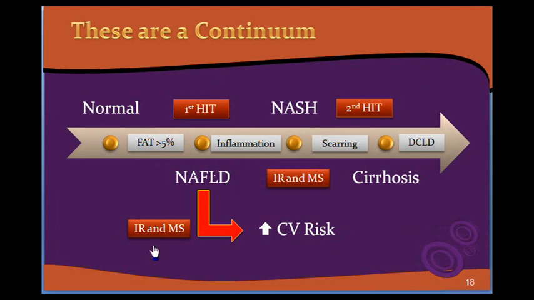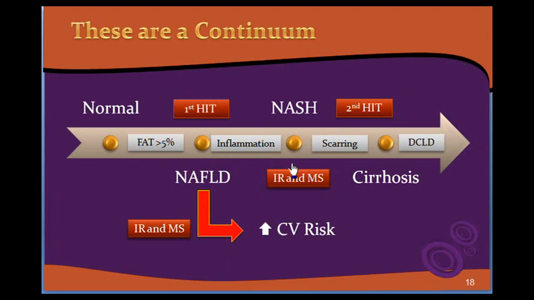Remember, this NAFLD brings insulin resistance and metabolic syndrome and further augments the risk for cardiovascular disease. This is one aspect of the fatty liver. The other thing is that NAFLD, due to inflammatory reactions in the liver, the fat laden cells will progress on to NASH, and this is the second hit.